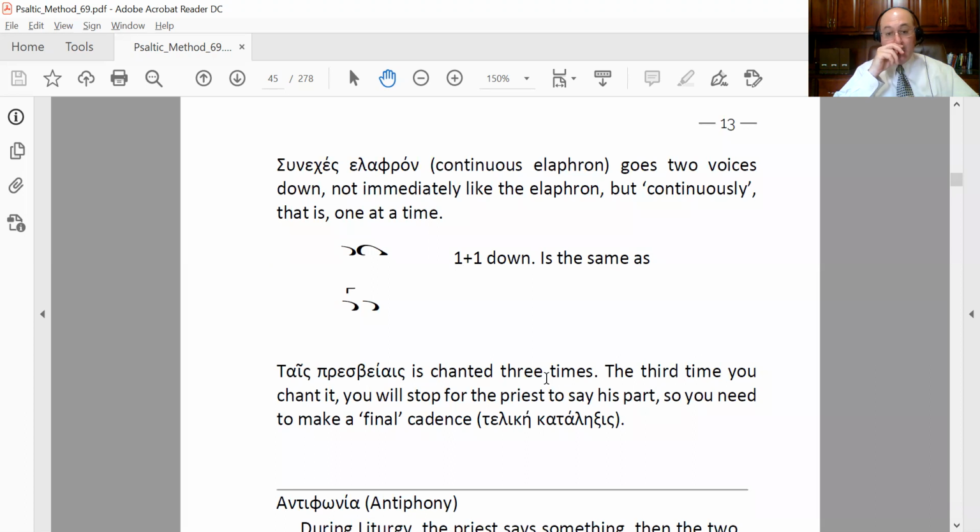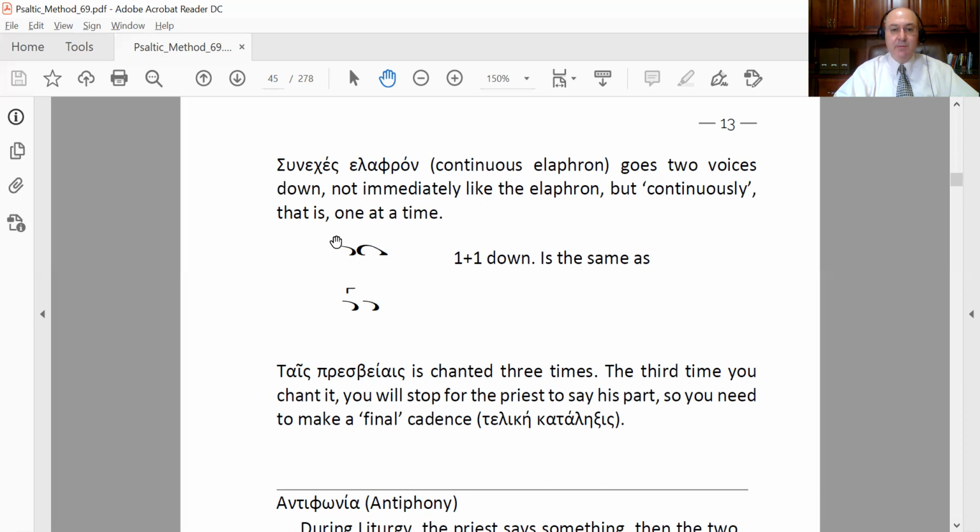The next thing that we're going to learn today is the syneches elaphron. You are familiar with elaphron: if I could hide these apostrophos that you see here, you would see only the elaphron, and the elaphron on its own would go two notes down, one antiphonia down. If you put an apostrophos very, very close to it, almost touching it, then this is pronounced exactly like that.